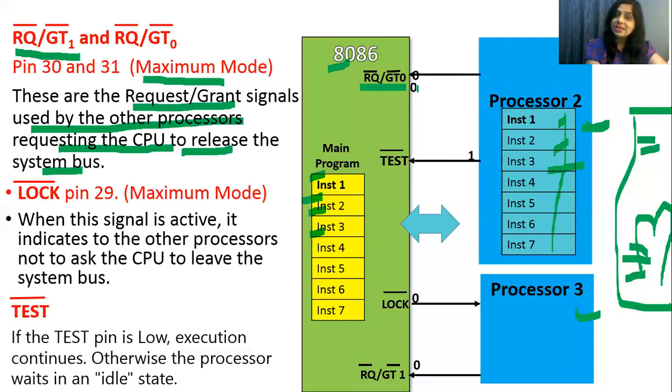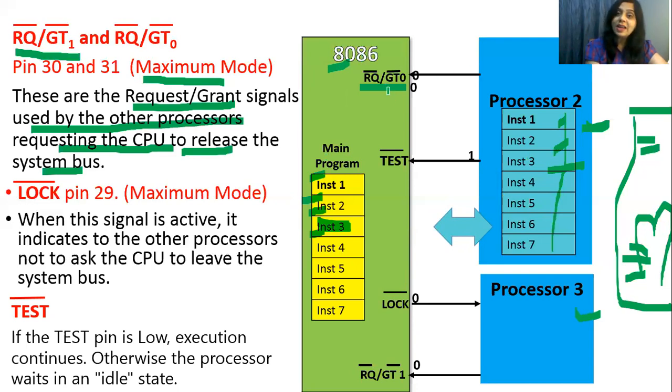When 8086 receives this logic 0 on this pin, 8086 understands that processor 2 needs the control of buses. So what 8086 does, it will first complete the execution of the current instruction and it will release the control on buses and give away the control of buses to processor 2.